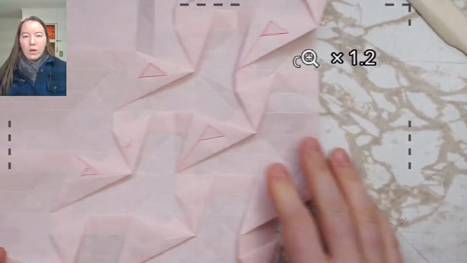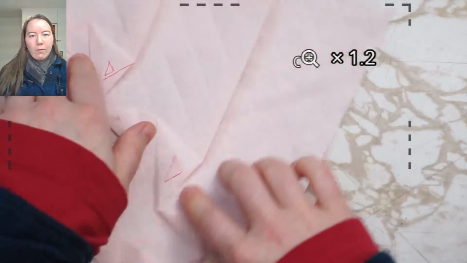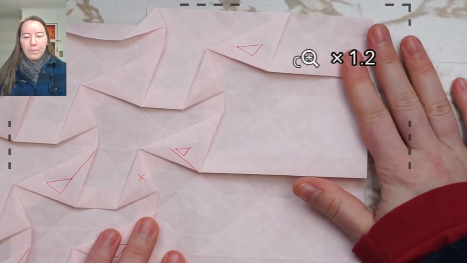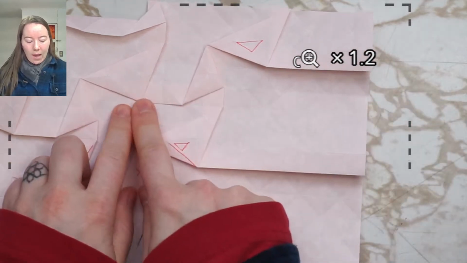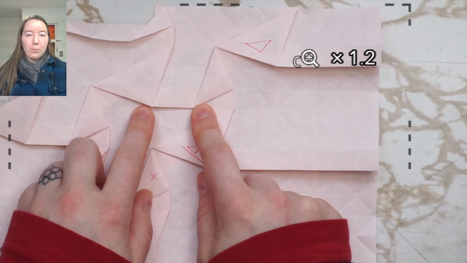Now let's take a look at the left. So I'm going to rotate halfway around so the set of parallel pleats is on my right-hand side. And I'm going to look at the relationship between the previous 2 columns.